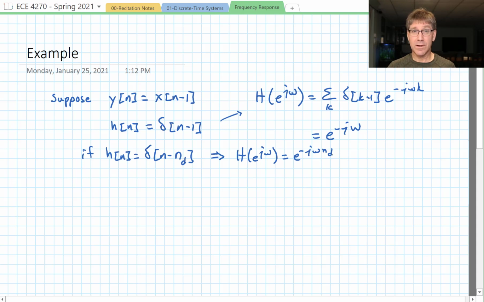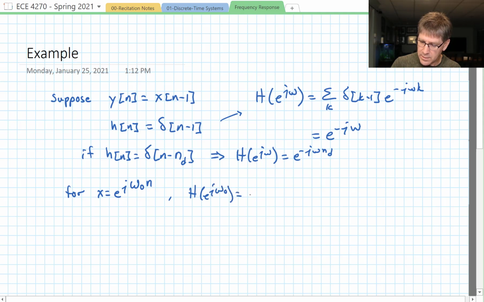We give it an input with a certain omega, for x equals e to the j omega naught n, and H gives e to the minus j omega naught.